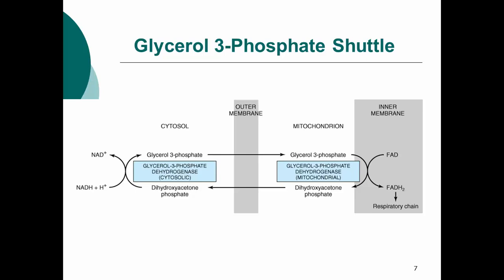Because FADH2 is not able to pass the electron to complex 1, only to complex 2, that's the reason they only produce 2 ATPs. Is that clear? All right.